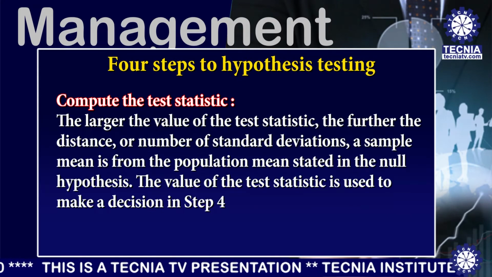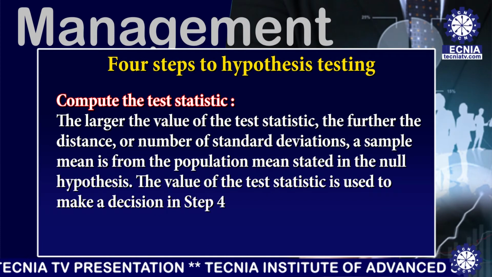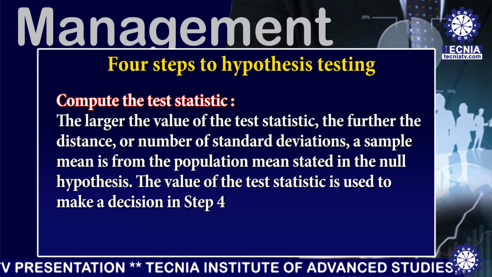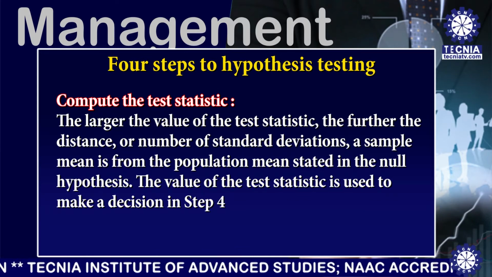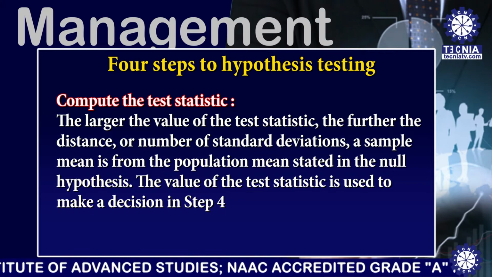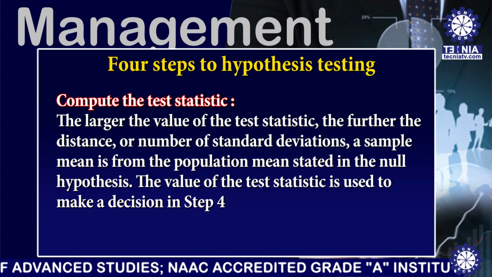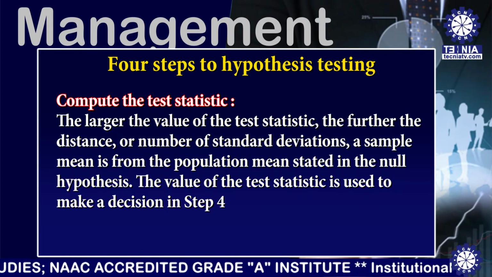The larger the value of the test statistic, the further the distance, or number of standard deviations, a sample mean is from the population mean stated in the null hypothesis. The value of the test statistic is used to make a decision in step 4.